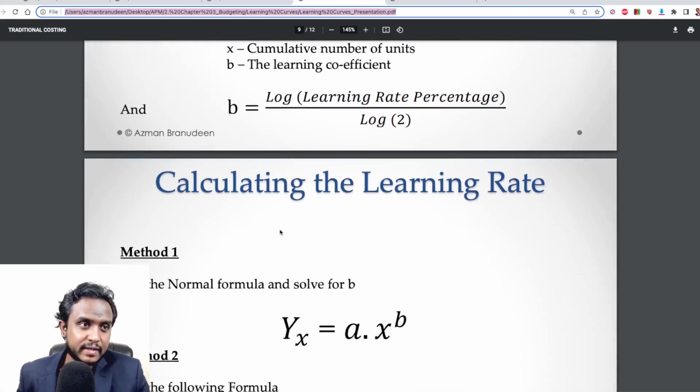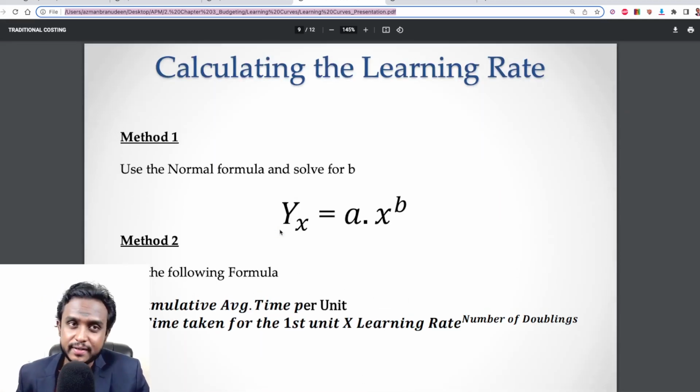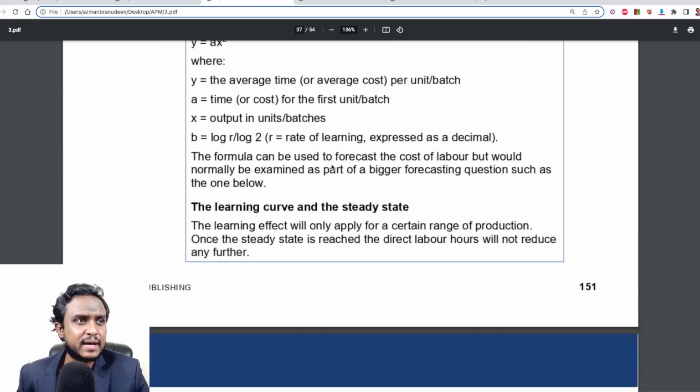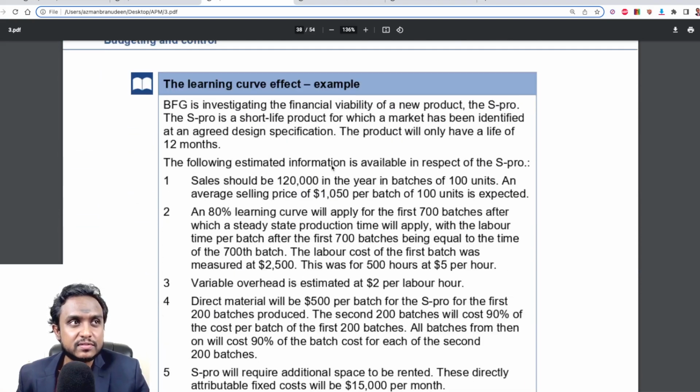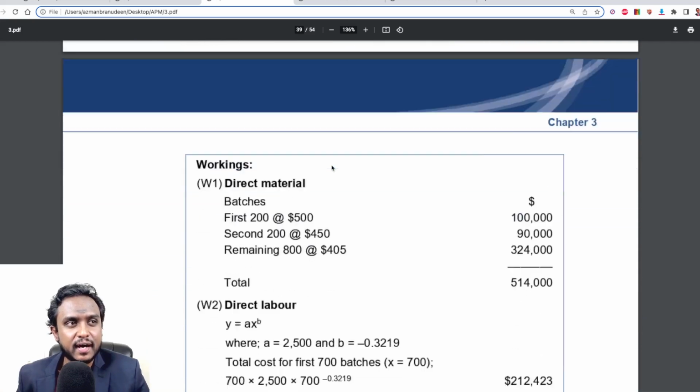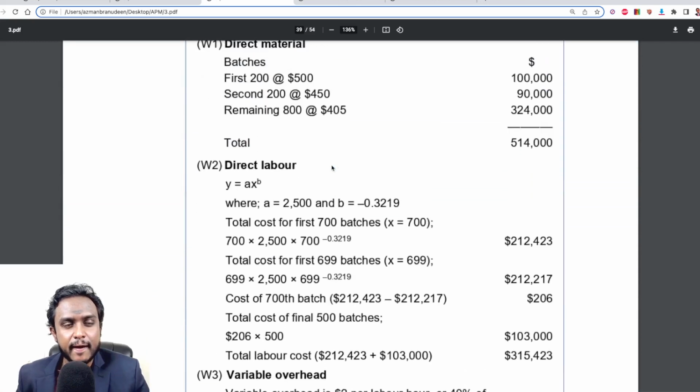Now, of course, you can apply this formula and do calculations. I think there is one illustration done for you. So try out the example and take a look at the answer and how it has been done.